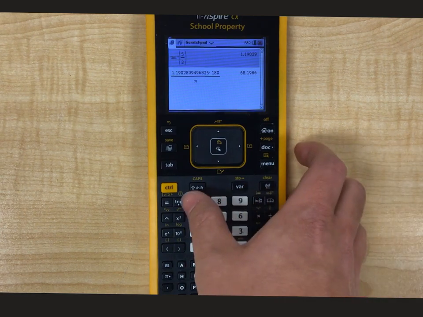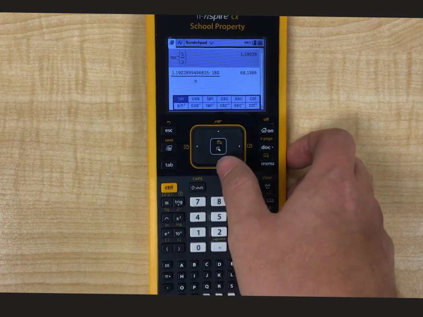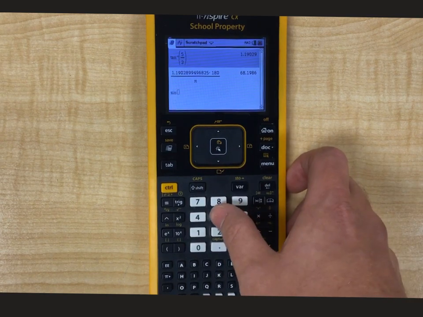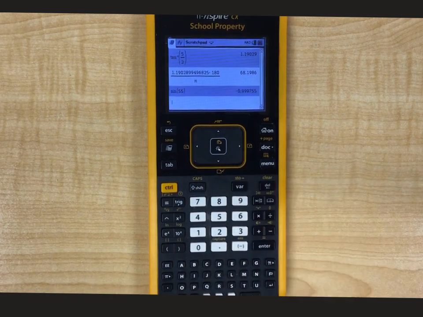If you had a question that asked for a regular trig function, so let's say sine of 55, well, our calculator is interpreting it as sine of 55 radians, not 55 degrees. By default, your calculator is going to be in radians, so you need to be careful about this.